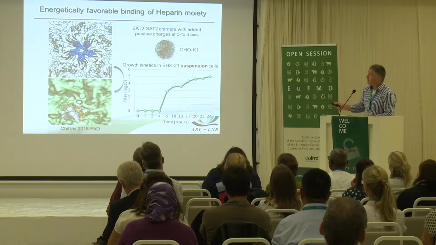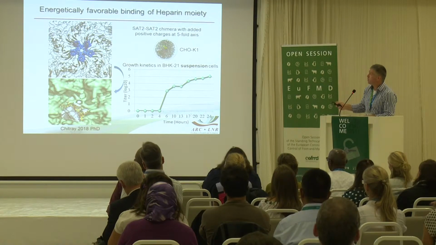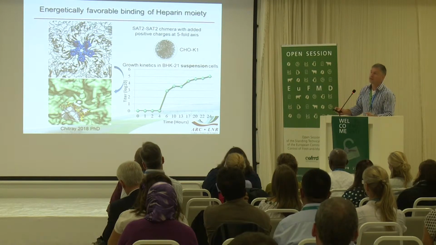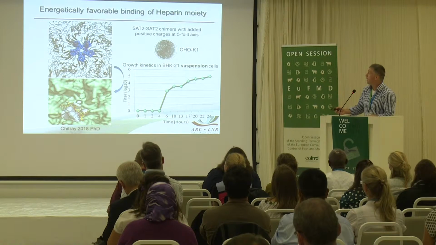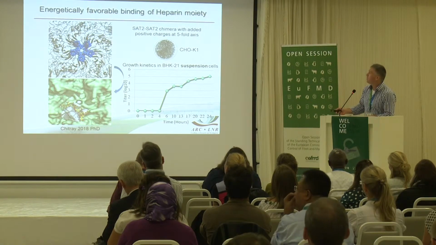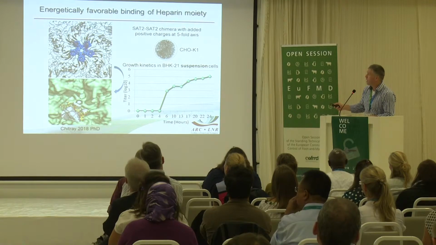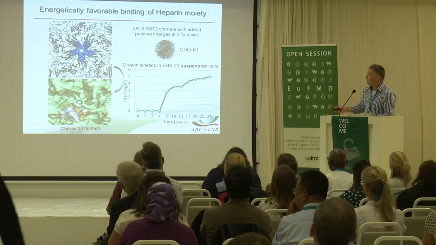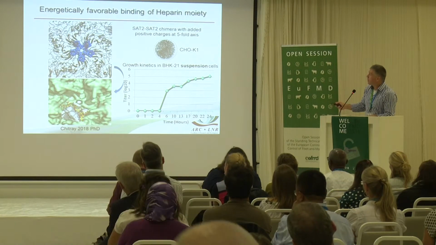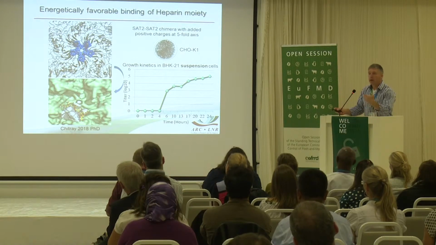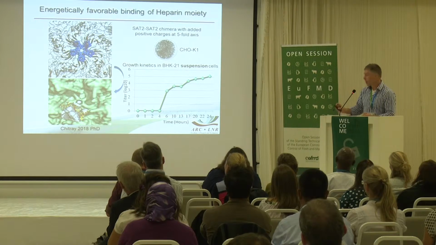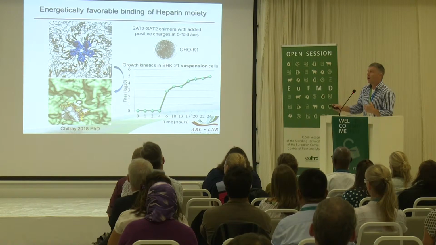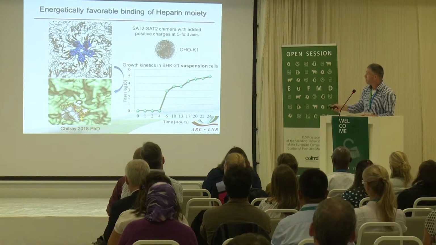The virus with these positive charges also grows on CHOK1 cells, which do not generally have the alpha V receptors that FMD uses to enter, so it must enter by alternative receptors. When we introduce these positive charges to a virus, typically a SAT2 chimera, and grow it in suspension, you can improve the titers, where the original wild type virus did not grow on these suspension BHKs at all.